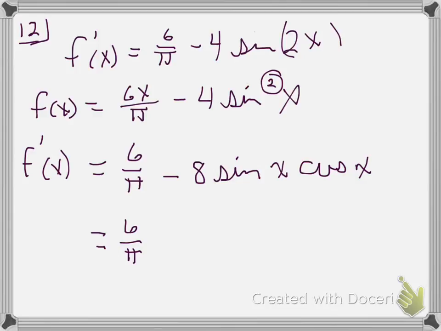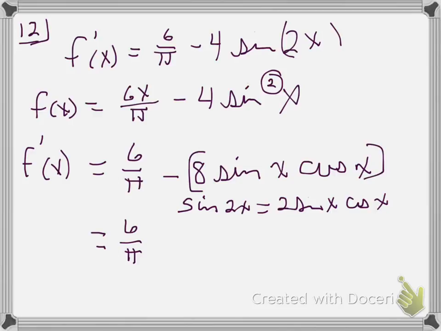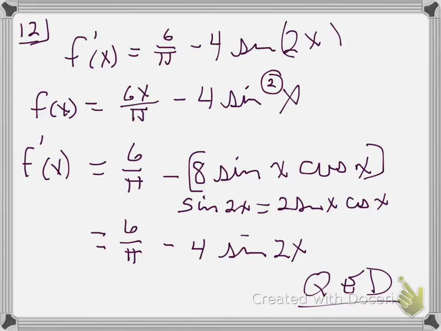If they tell us to use that identity that the sine of 2x is equal to 2 times the sine x times the cosine of x. Well, if I look at that thing, that's kind of 4 times that, so I get minus 4 times the sine of 2x. And there we go. And that's done.